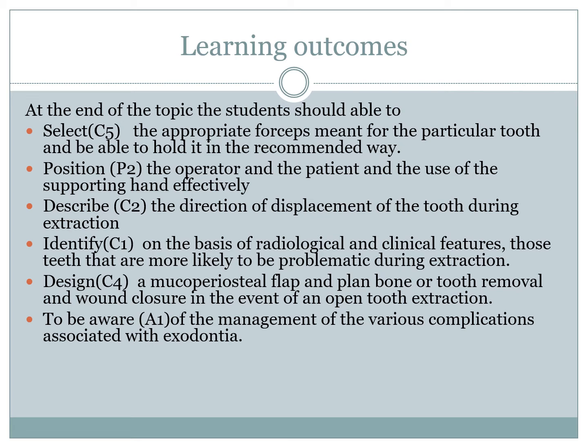Also, what are the indications and contraindications, and how will you investigate the radiology and clinical features for the extractions, and the design of the mucoperiosteal flap and the planned bone or tooth removal for the wound closure. Normally there are two types, the open method and closed method. What are the flaps we use for the types of extraction, and how will you manage the complications of exodontia?